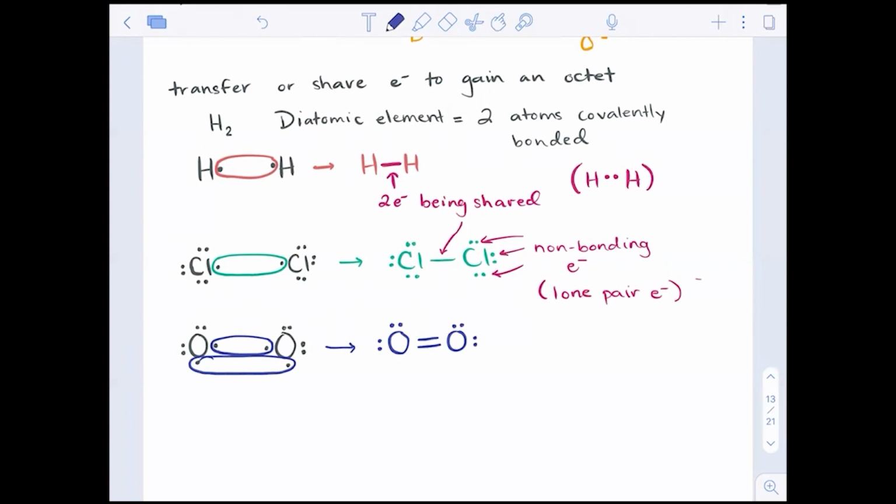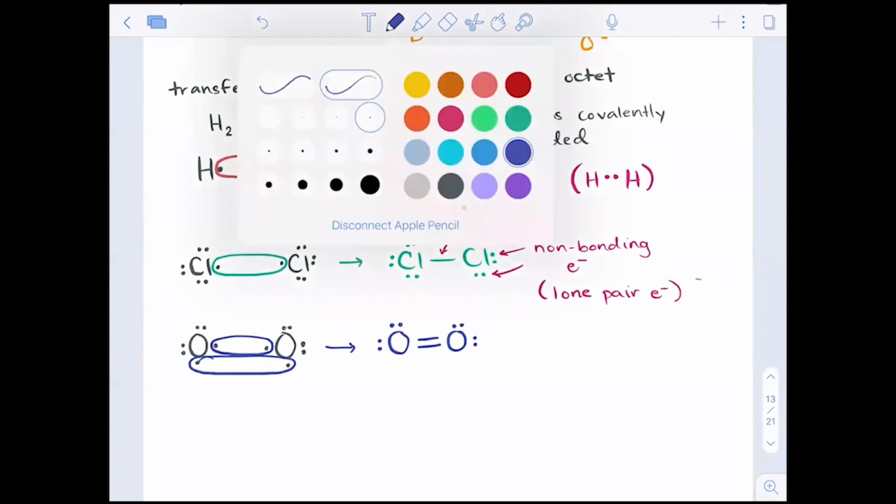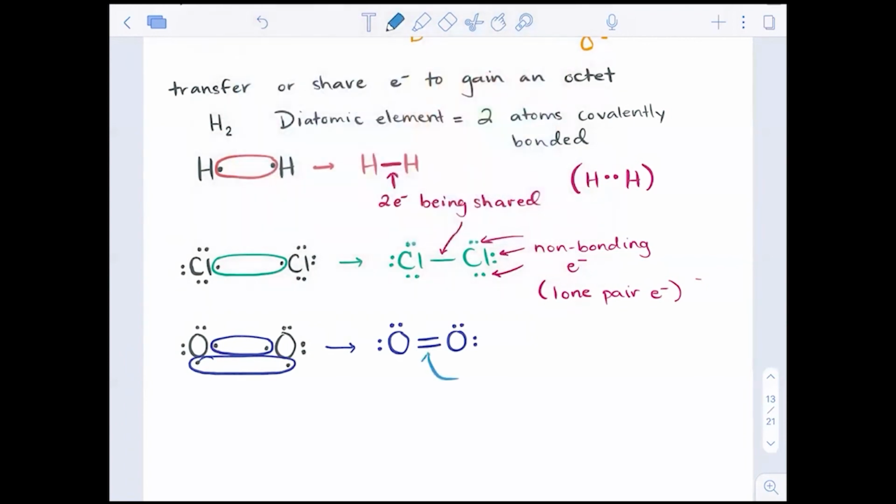This is what we would call a double bond. That is when 4 electrons total are shared. Before, with hydrogen diatomic and chlorine diatomic, 2 electrons being shared is just a single bond.